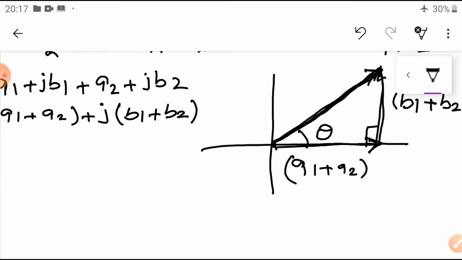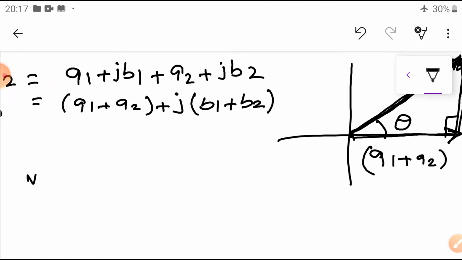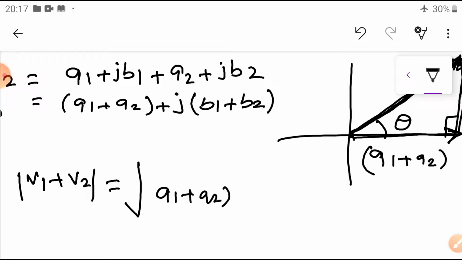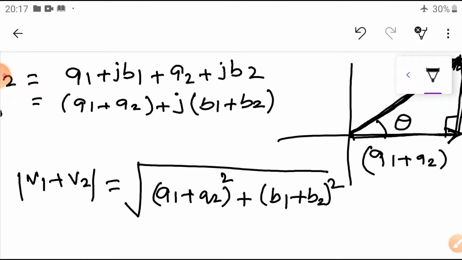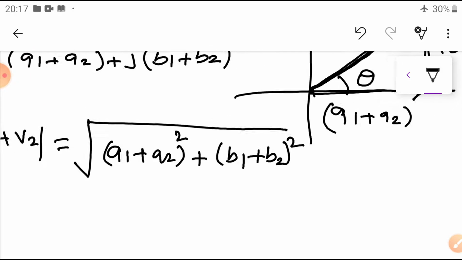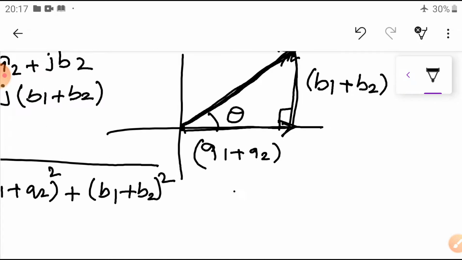The magnitude of V1 plus V2 is required, and by applying the Pythagoras theorem it is the square root of (A1 plus A2) whole square plus (B1 plus B2) whole square. So, we get the magnitude. Suppose I want the angle. What is the angle here? Theta. So, what is tan theta?